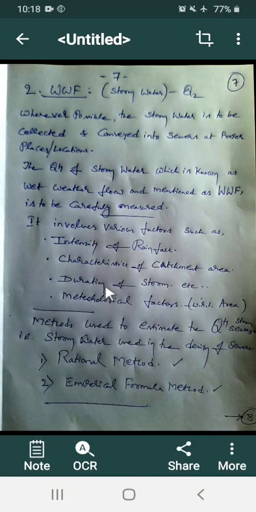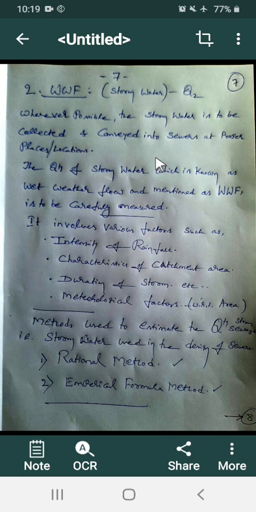That means storm water. Wherever it is possible, the storm water is to be collected and conveyed into the sewers at proper places. Remember it, otherwise you cannot simply neglect everything. This is storm water, and it is also determined. That is called WWF. The storm water can be determined using standard equations.